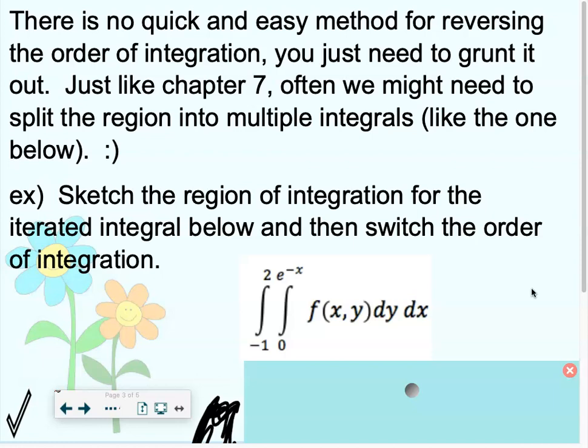All right. So, for example, sketch the region of integration for the iterated integral below and then switch the order. So now we have a function here, but they don't tell you what it is. It doesn't matter. It's just any generic function in terms of x and y. What matters when you're switching the order is the limits. This has no relevance when it comes to reversing the order.